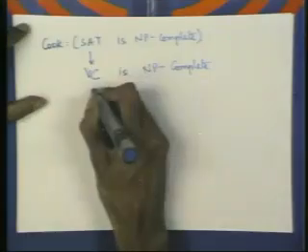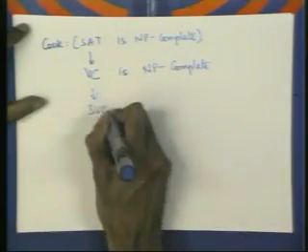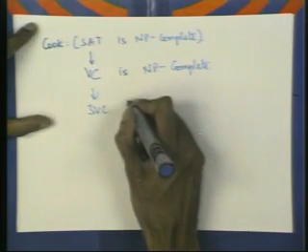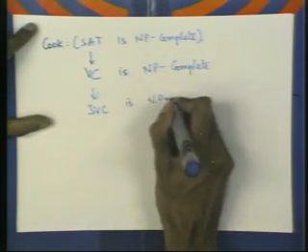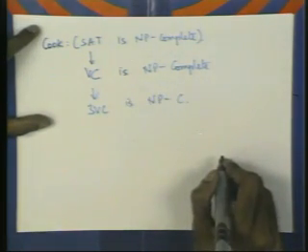And then we use this to prove that VC is NP complete. Then we showed that 3VC is NP complete.